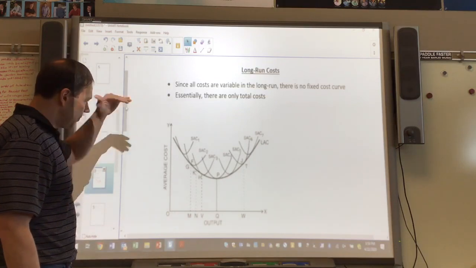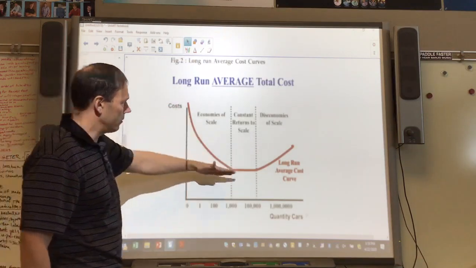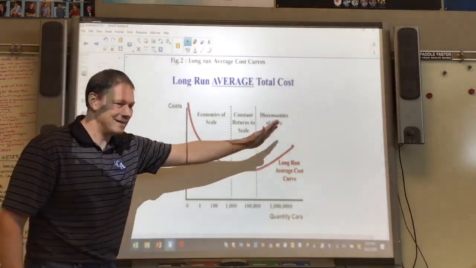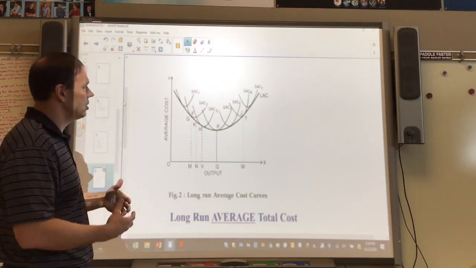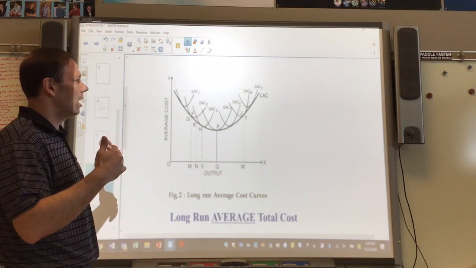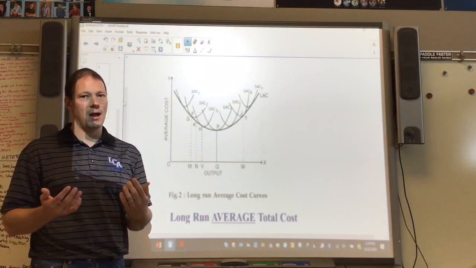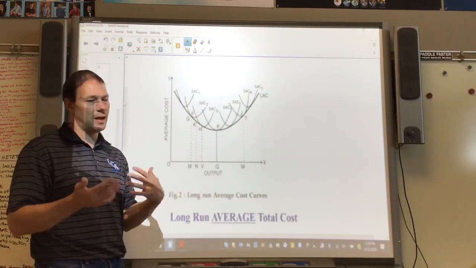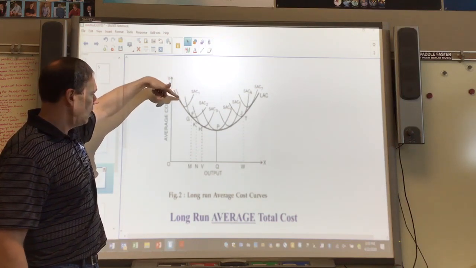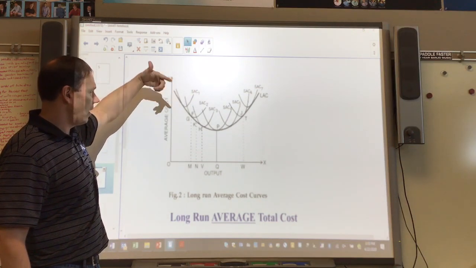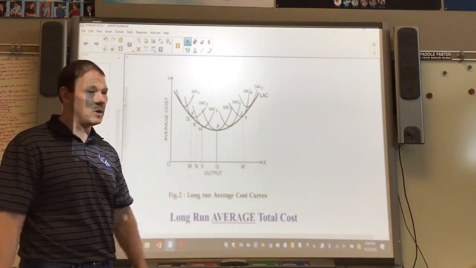Now, this average total cost curve, which you can see more delineated down here as one big continuous curve, is really a compilation of many short-run average total cost curves based on different sizes of factory capital and things like that. I always use the example, this first short-run average cost curve could be a 1,000 square foot unit that you've got your pizza restaurant in.